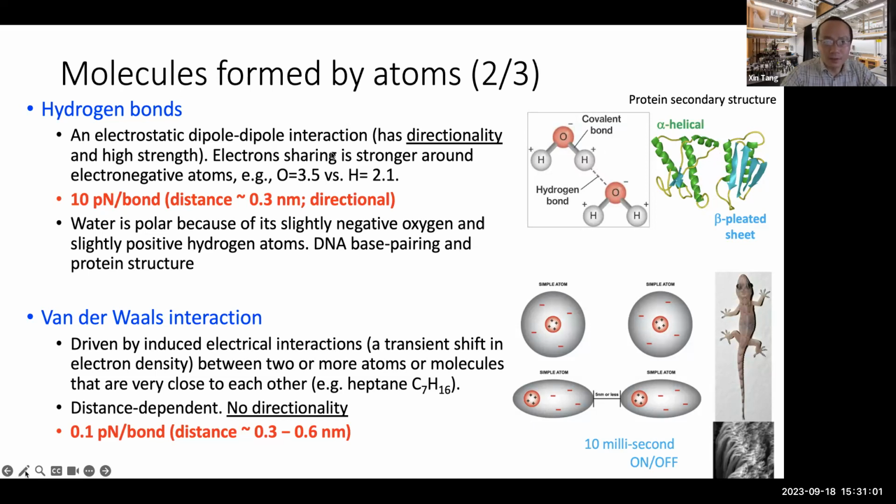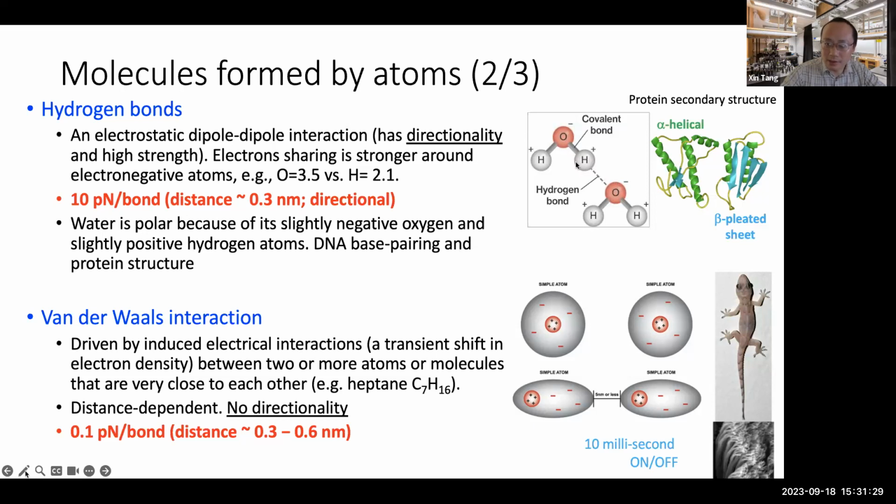Okay, for the hydrogen bond, the bond strength is relatively small, 10 piconewton per bond, much smaller than the ionic bond, and the distance is larger, about 0.3 nanometer. And as we said, they form because of the negative and positive attraction of the specific regions of the water molecule.